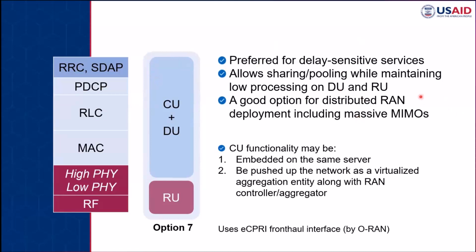It allows sharing of pool while maintaining low processing on the DU and the RU, and is good for distributed RAN deploying massive MIMO. Option 7 uses an easier fronthaul interface by the ORAN.